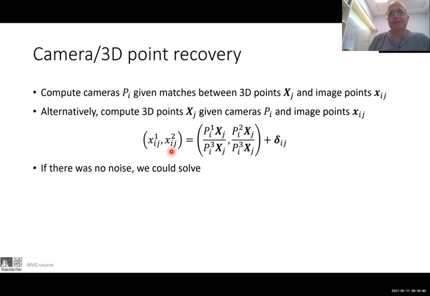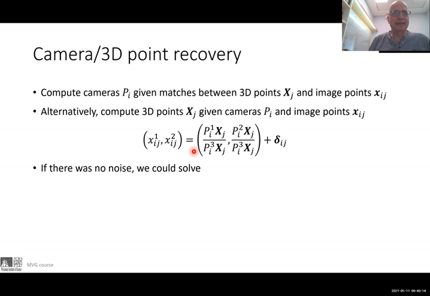Delta ij can in many cases be assumed to be Gaussian, and then we will have a solution that is very similar to the one before, except that this is a more complicated equation. So let's see what we can do.